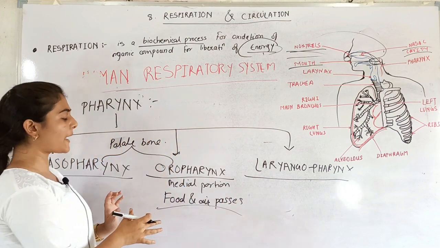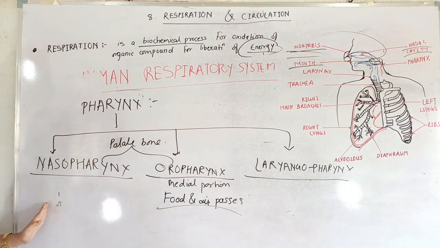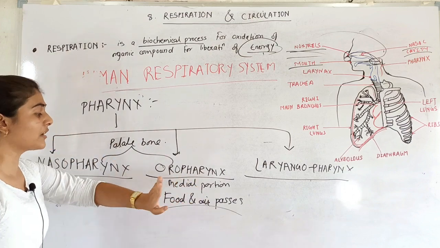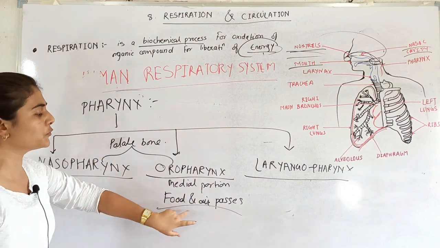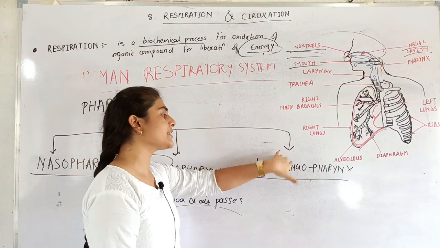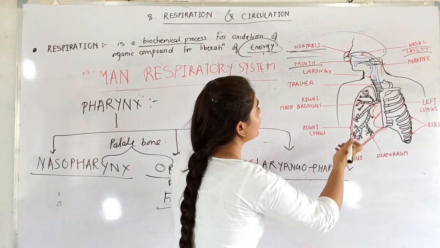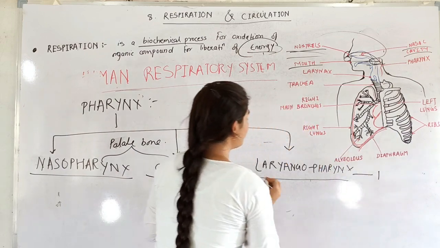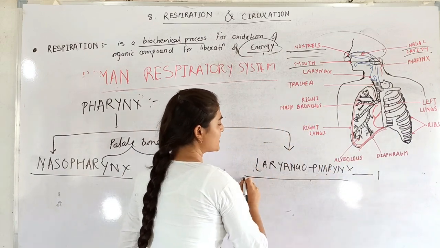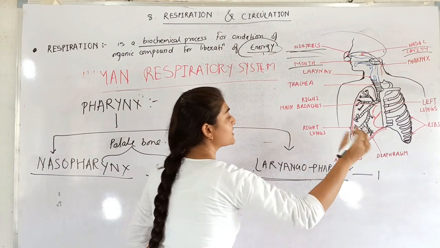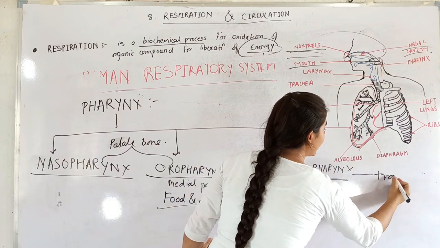This is the common passage. And the laryngopharynx is the last part of the pharynx, and after that the trachea gets started. The laryngopharynx is the end part of the pharynx and the starting point of the trachea.